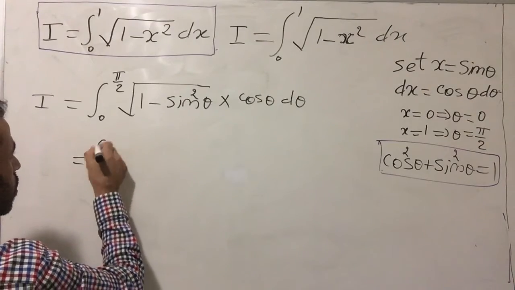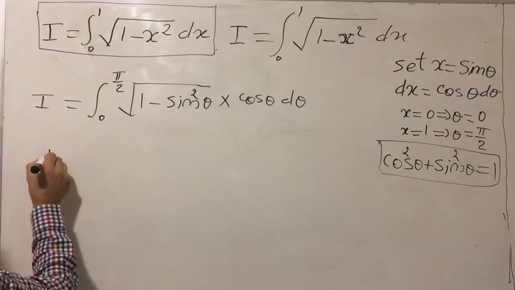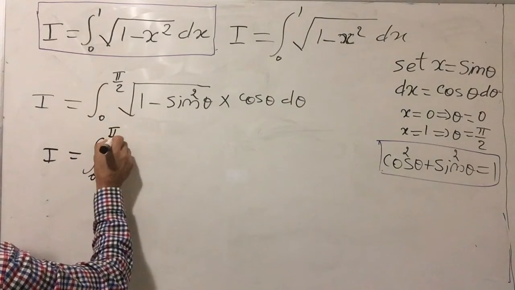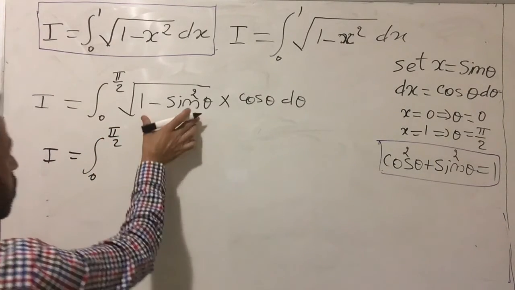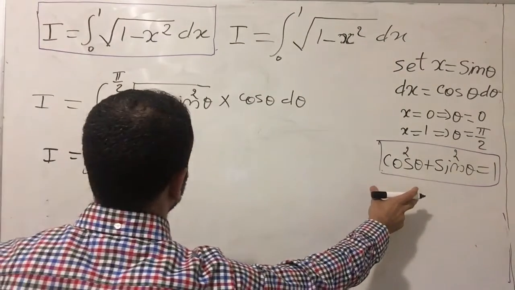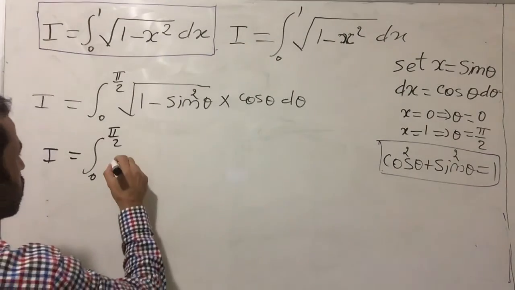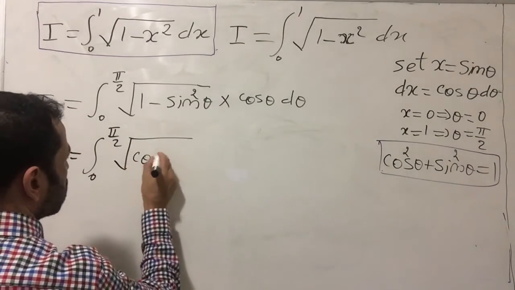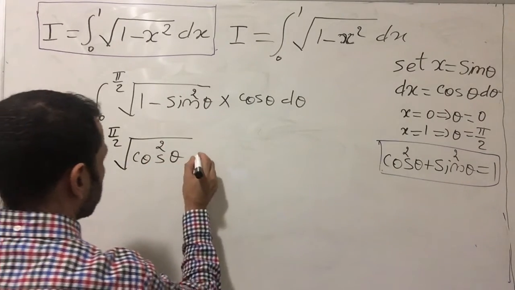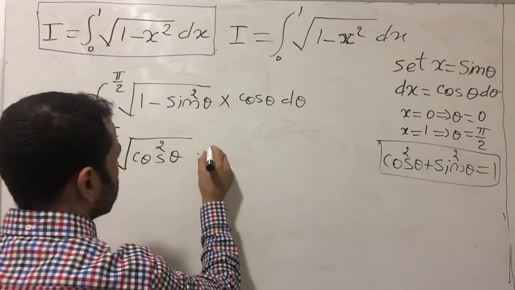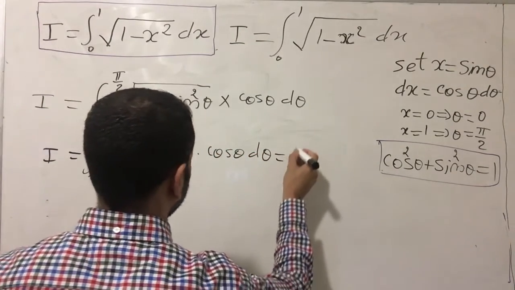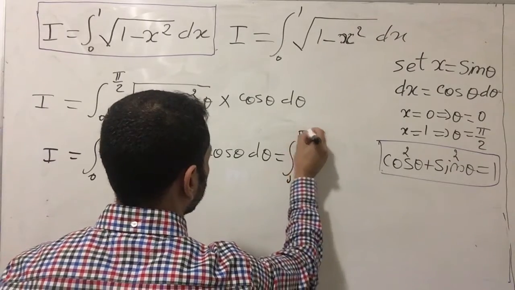So the integral from 0 to pi over 2 now has the term 1 minus sine squared theta equal to cosine squared theta, as we have in this equation. So the square root of cosine squared theta is multiplied by cosine theta d theta, from 0 to pi over 2.